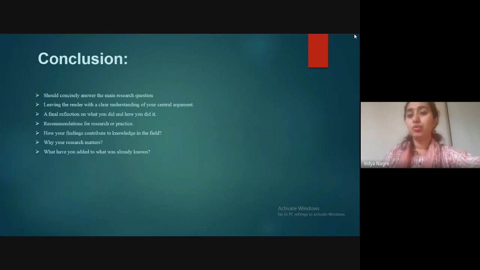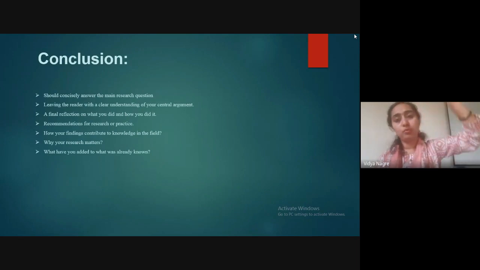So this is the conclusion of your study. Under the conclusion, you have to concisely answer the main research questions. At the same time, you have to make sure that your readers have a clear idea about your central argument. It should be a reflection of your whole work that has been flowing in the previous few pages.